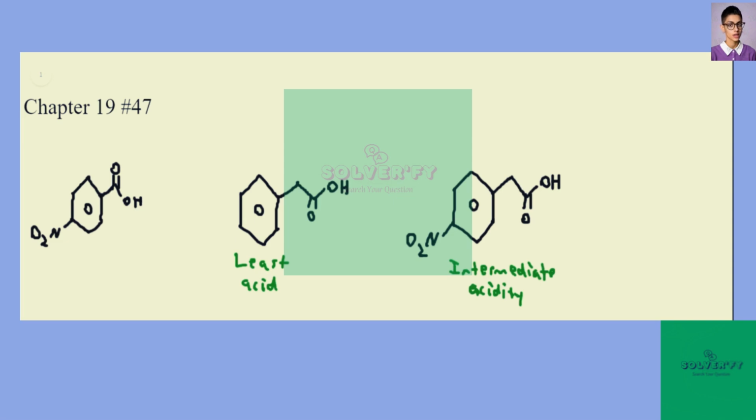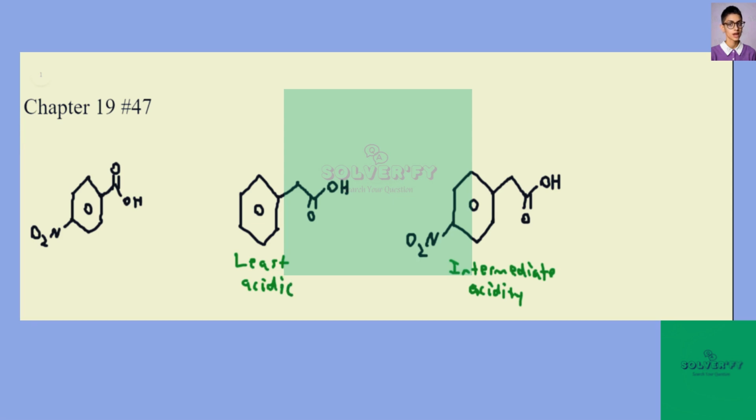But we do have the nitro group on the ring, and so there is going to be some inductive electron withdrawing effect. And so this molecule will be somewhat more acidic than the middle molecule here, the least acidic molecule. Oops, I should say least acidic.